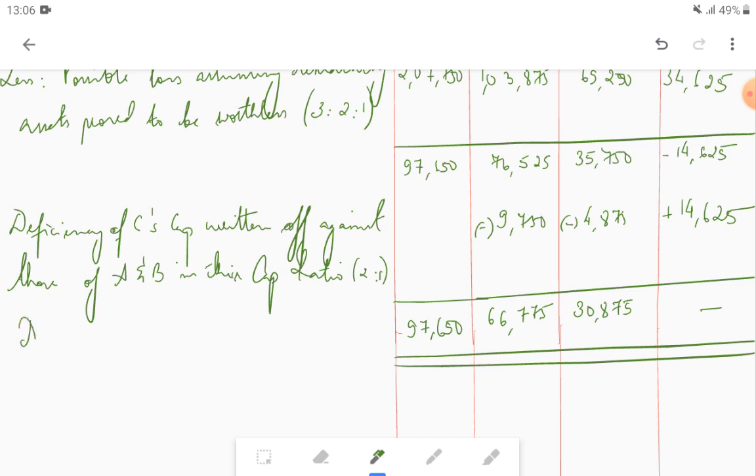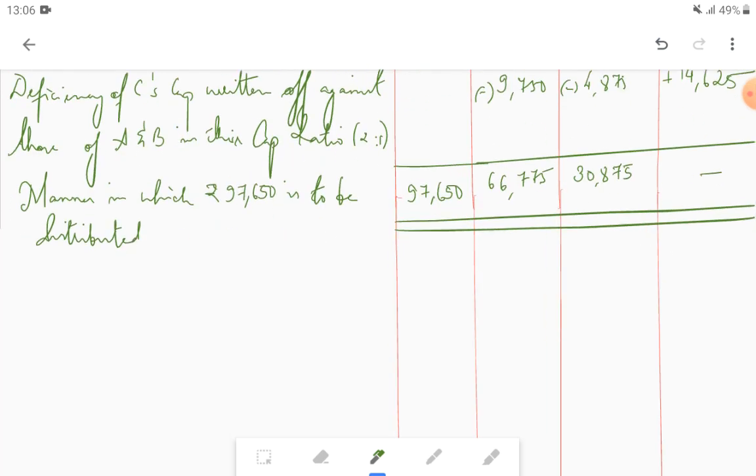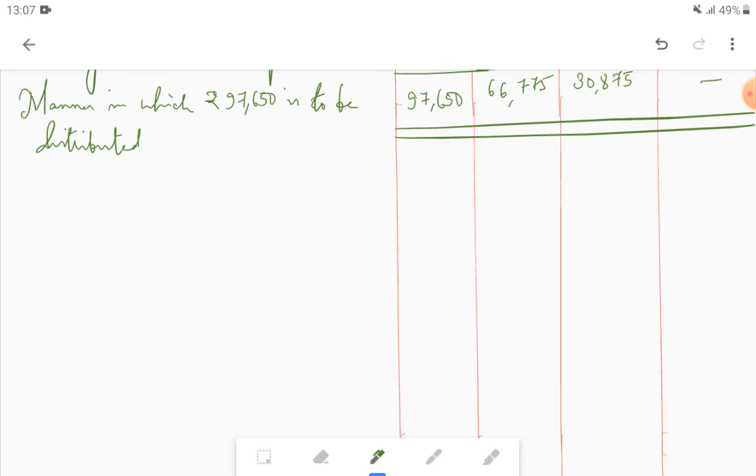So let's write it against the total manner in which your second realization, in which rupees 97,650 is to be distributed. Partner A is getting so much, partner B is getting so much, and partner C is not getting any amount at all. So that was the second realization.